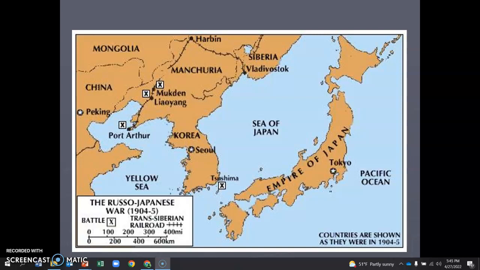Just keep in mind the Open Door Notes and these spheres of influence in China, because both Russia and Japan and even the United States at this point have expressed interest in controlling some of the economic resources within China. And a lot of what is happening in this area is some imperialism on behalf of Japan, and then ultimately Russia too, in the areas of China, Manchuria, and Korea.